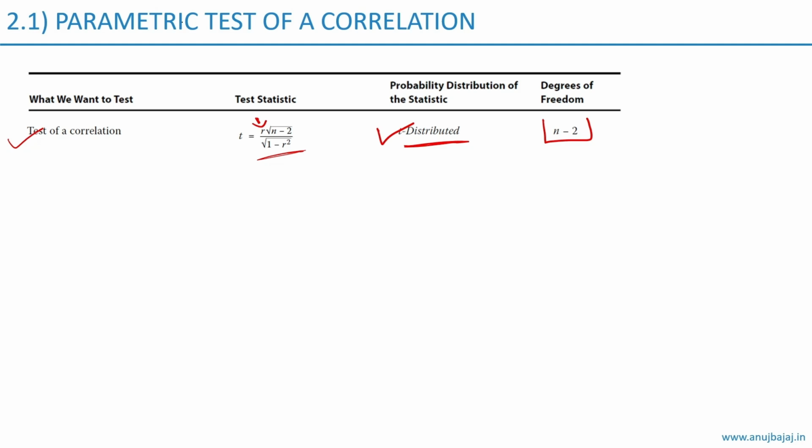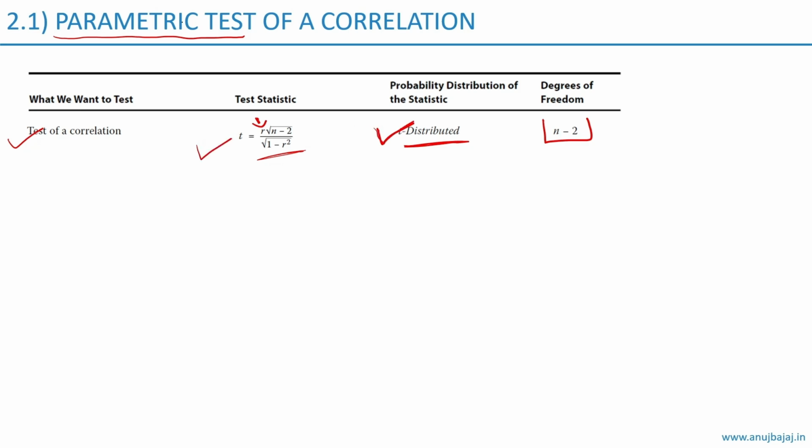Here it is assumed that the population data of the two variables follow a normal distribution. That's why it is referred to as the parametric test. Based on that assumption, we are able to use this statistic.